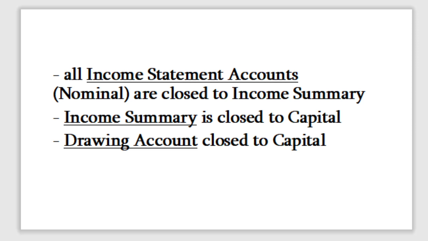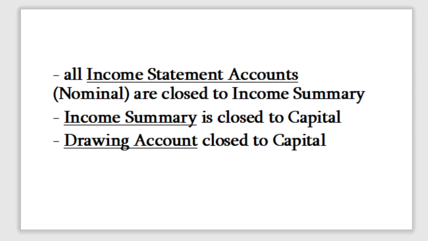So, after natin ma-close, sabi dito, all income statement accounts are closed to income summary. Ibig sabihin lang nito, lahat ng account titles na nasa income statement natin, for example, the sales, the purchases, the expenses, kina-close natin siya into income summary. So, later on, papakita natin yung ating example nito.